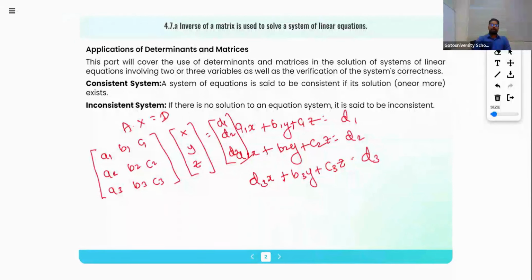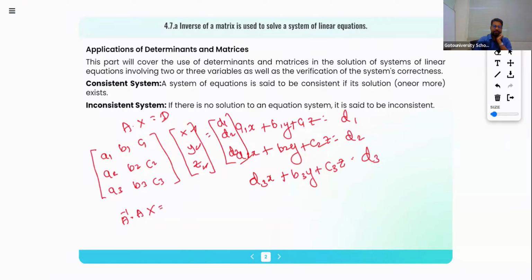Now, if I want to find the values of x, y, and z, I just have to multiply this with what? If I want only X, I'll multiply A inverse to the entire equation. Okay.